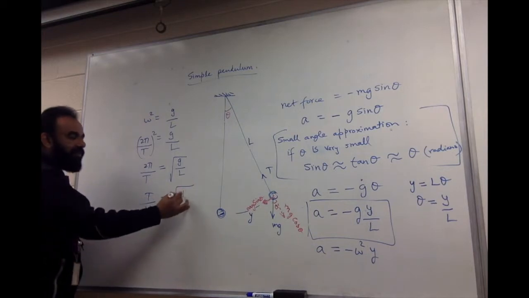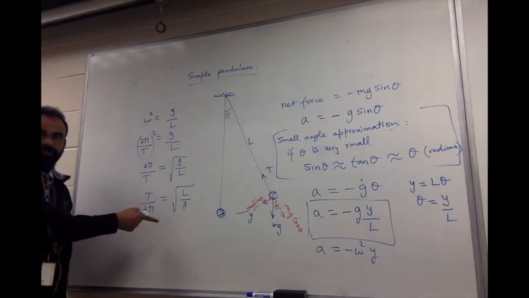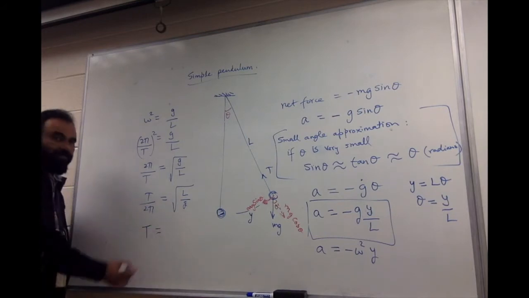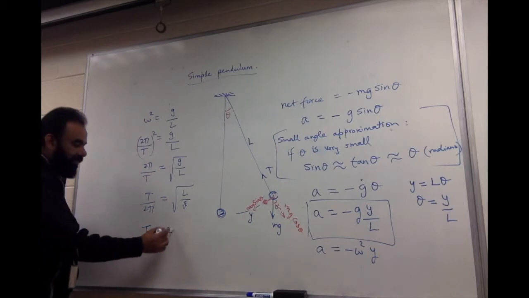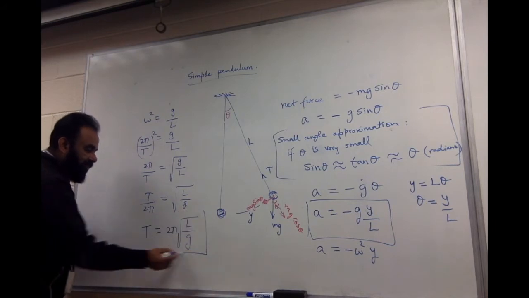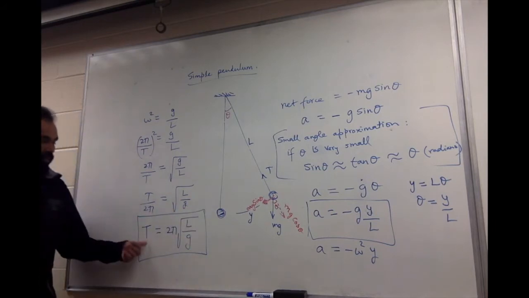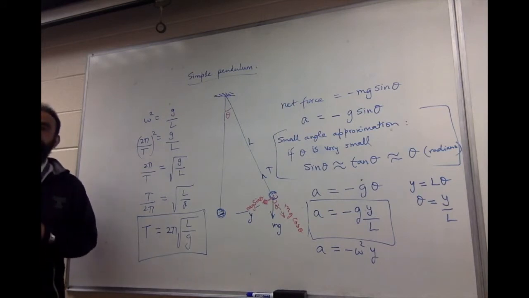Square root of L over G. I'm flipping it. So what is T? 2 pi times square root of L over G. That is your equation for simple pendulum timing. This is the equation for the time period of a simple pendulum.